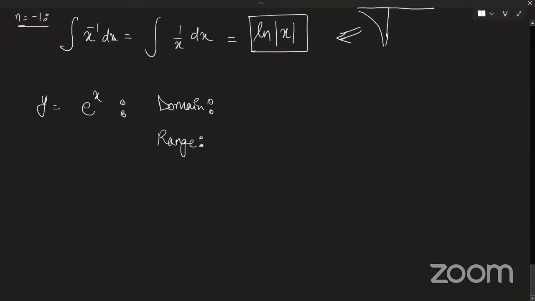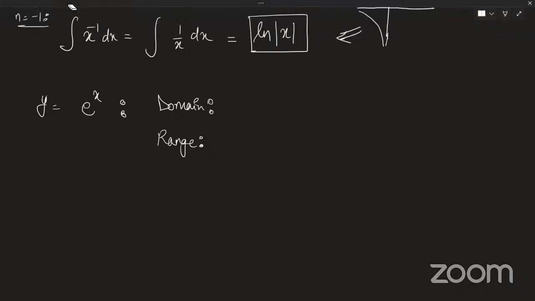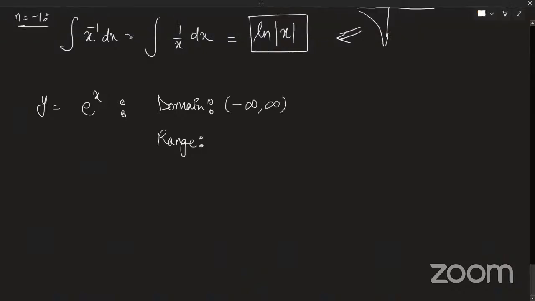Yesterday we studied exponential functions, y is equal to a raised to x. I'm just putting a specific value of a over here, so nothing will change. Domain is obviously minus infinity to infinity, but range is from 0 to infinity. It can only return positive values, right?